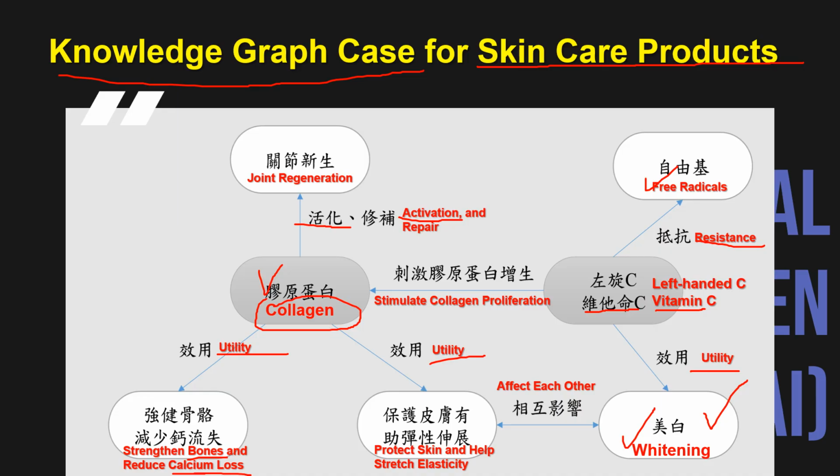Let me give you a hint, and he already passed away. Yeah, Michael Jackson, whitening. He's black, but used a lot of bleaching. Bleaching is not good stuff.